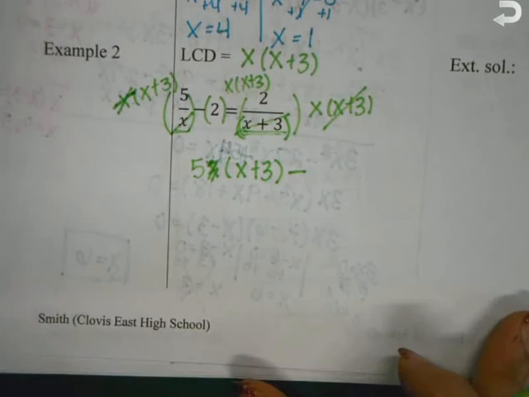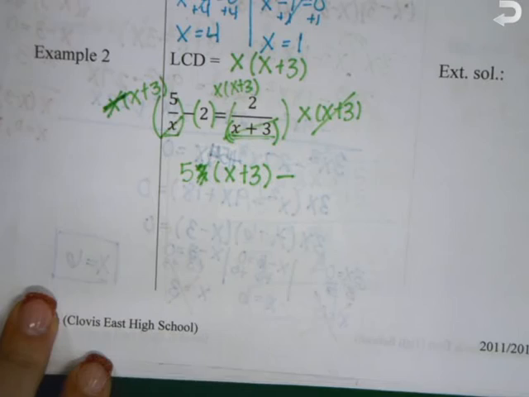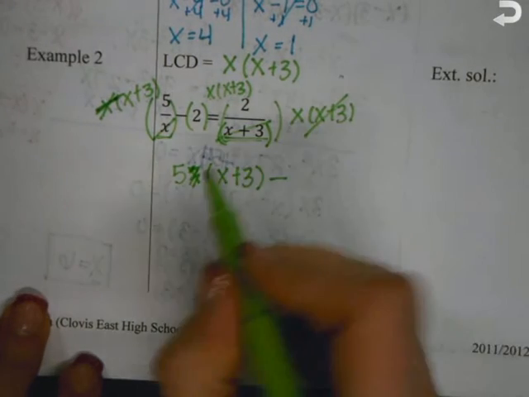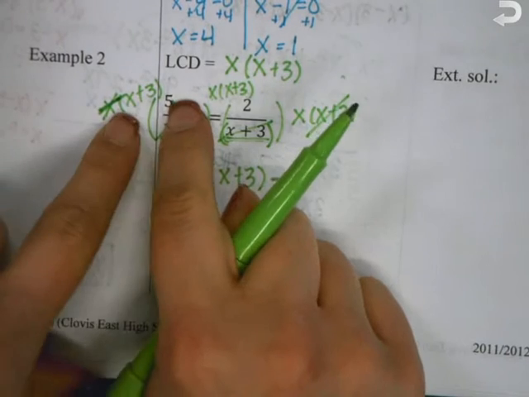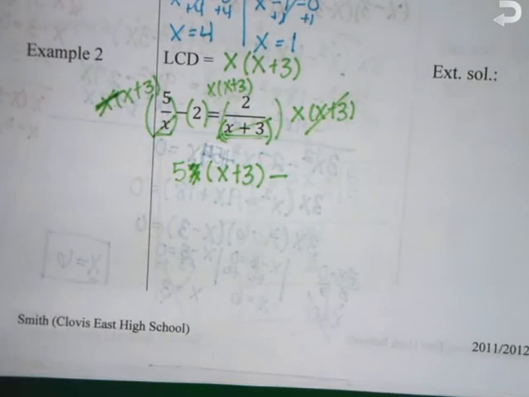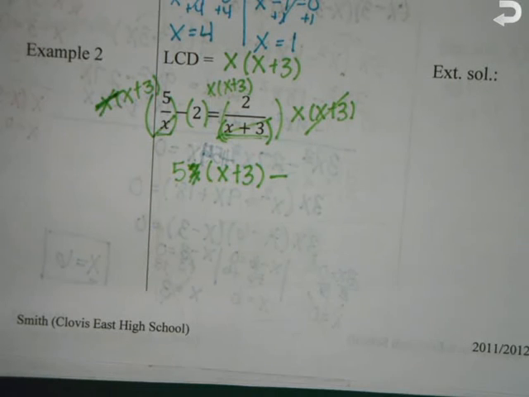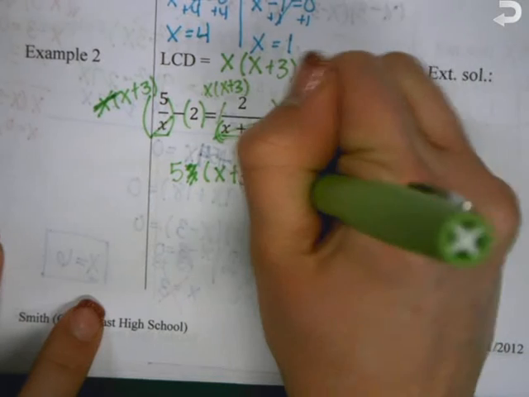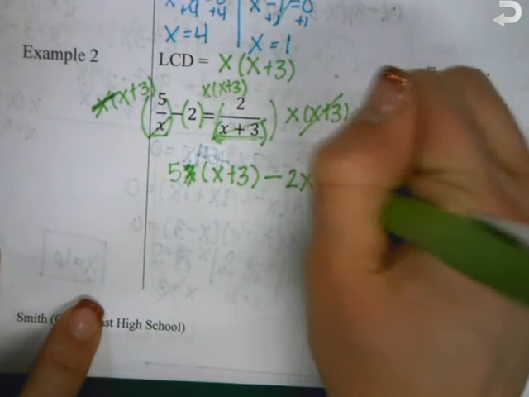What was I thinking? We were multiplying 5 times x plus 3. I made the mistake because I couldn't tell that I had crossed it out. Right, so it's just 5 times x plus 3. The second one is minus 2x times x plus 3. There we go. Equal to 2 times x, 2x.